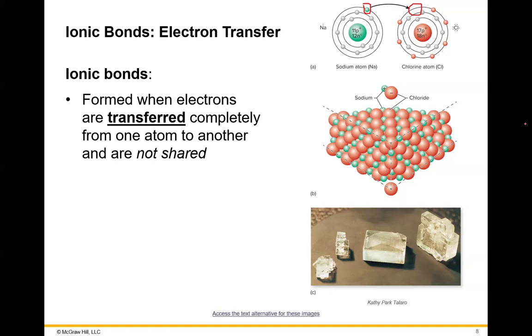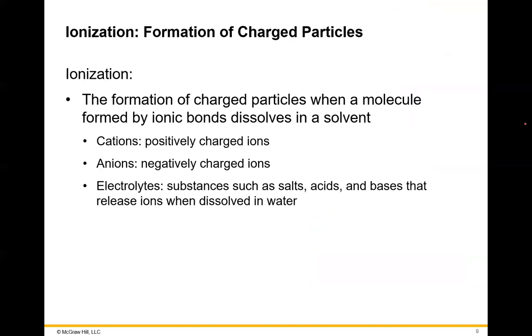And so these guys will exist in compound form as just sodium chloride. And they've already donated those things. But now when I'm introducing these guys that have already donated their electrons to one another, because that's how they are as a compound, when I put them in water, which is polar, what do you think the sodium is going to do? And what do you think the chlorine is going to do? The positive sodium associates with the negative oxygen, and the negative chlorine associates with the positive hydrogens of water.